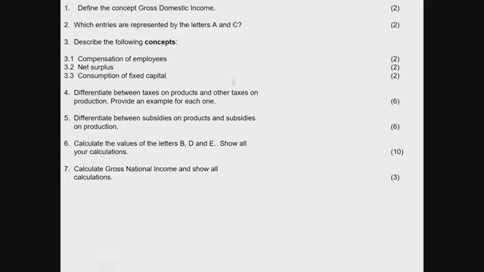You've heard it, but as something else. Another way to describe gross domestic income is simply to call it GDP, which is your gross domestic product. So in other words, what this question is asking you here is to define gross domestic product. Same thing, right?